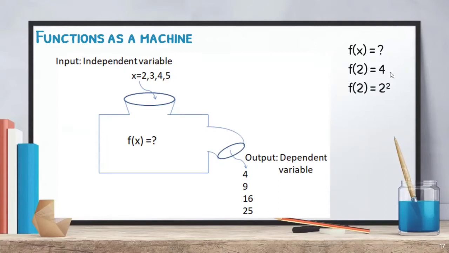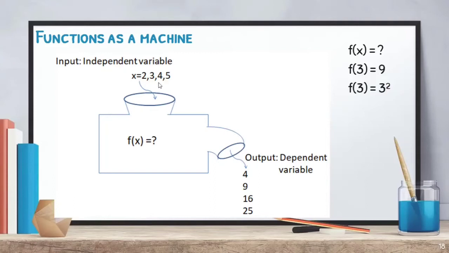But then 4 can be rewritten as 2 squared. So we have f of 2 is equal to 2 squared. Next, we have x equal to 3. So f of 3 is equal to 9. So 9 can be rewritten as 3 squared. Therefore, we have f of 3 is equal to 3 squared.